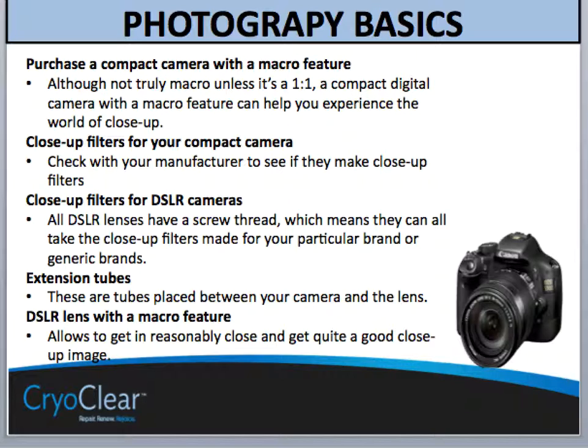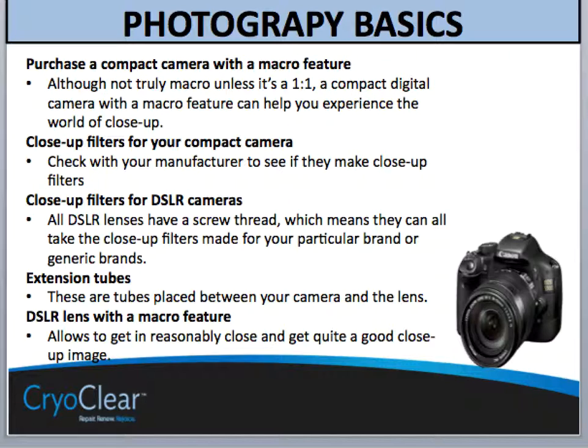You can also get filters, and many manufacturers have these. You simply have to ask when you go to the store to purchase your camera. DSLR cameras also have a lens that screws on and off, again allowing you to get a really sharp recording of your before and afters.